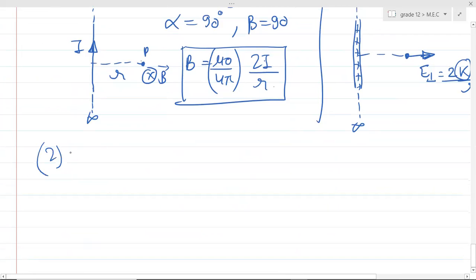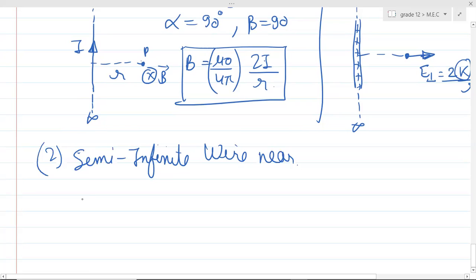Now for example, if I talk about a semi-infinite wire near one of its ends.